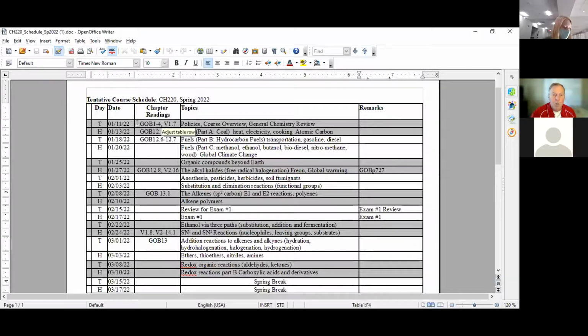Now, what you see over here, you see these chapter readings, general, organic, and biological, 1 through 4. So chapters 1 through 4 in that general organic. This is where you will find stuff on the general chemistry. You will also find this thing that says V1.7.